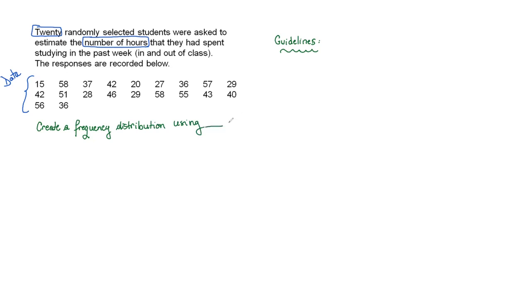If they don't give you the number of classes, like in this case, you should use somewhere between 5 and 15 classes. These classes should be mutually exclusive, continuous, all-inclusive, and of equal width.